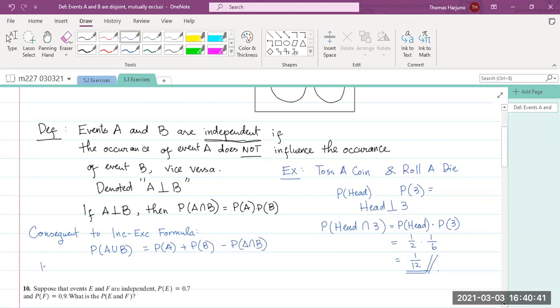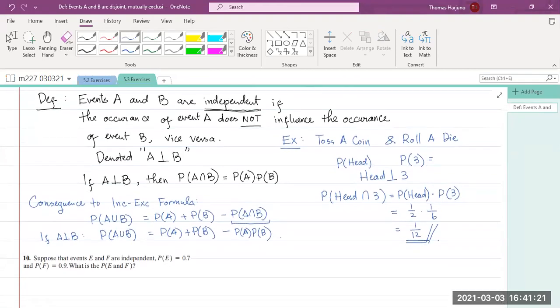Now, if A is independent from B, then the probability of the union will be equal to probability of A plus probability of B minus probability of A times probability of B. Okay, I think I should use the word consequence instead of consequent.